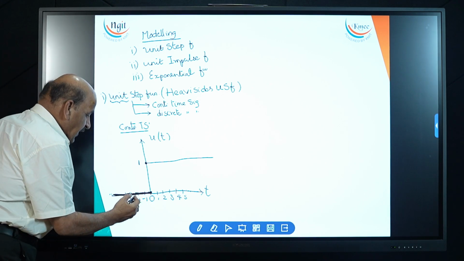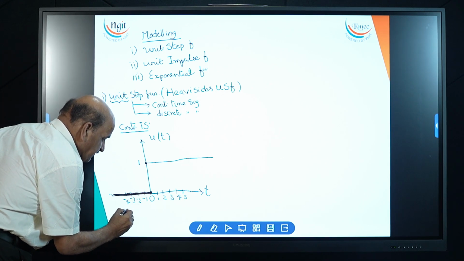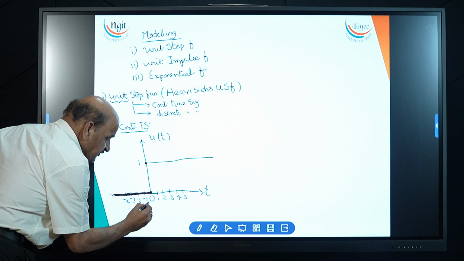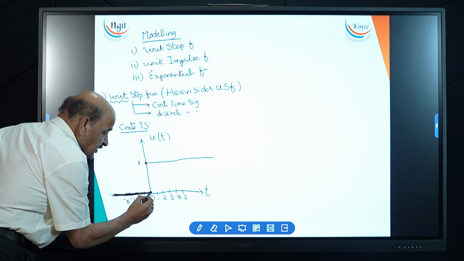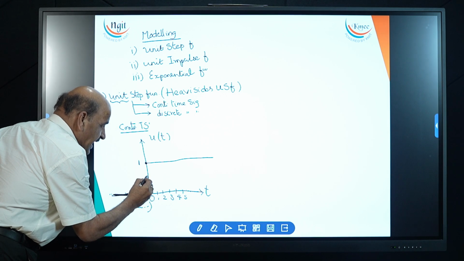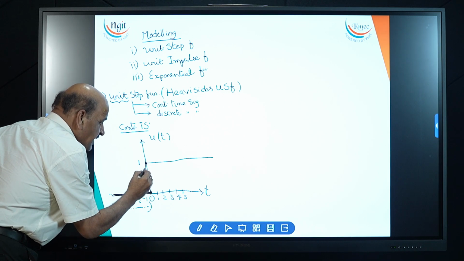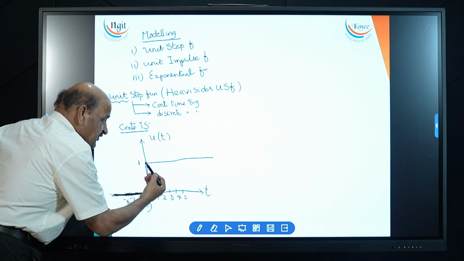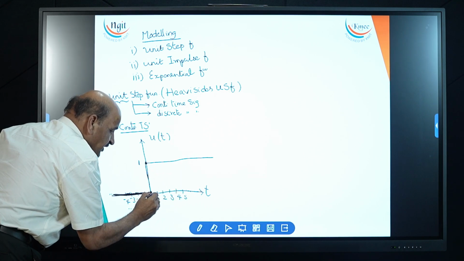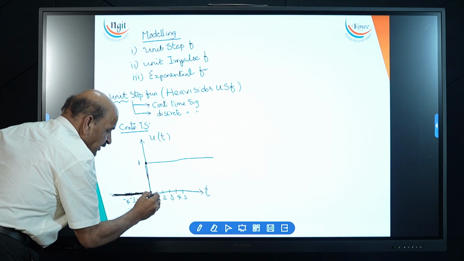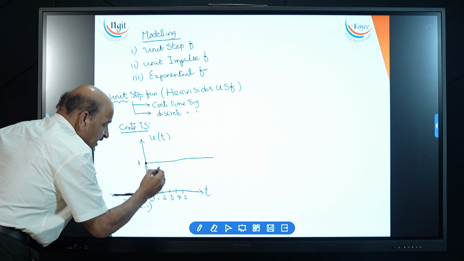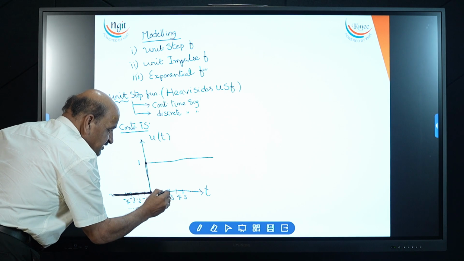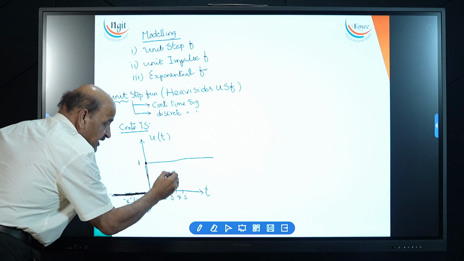Up to these values, its value equals 0. But when it reaches 0, suddenly it rises to an amplitude of 1. And for all the values, the same amplitude continues: 1 for 1.2, 1.3, 1.5, etc., 1 for 2, 1 for 2 to 3, 1 for 3, 1 for 3 to 4, 1 for 4.